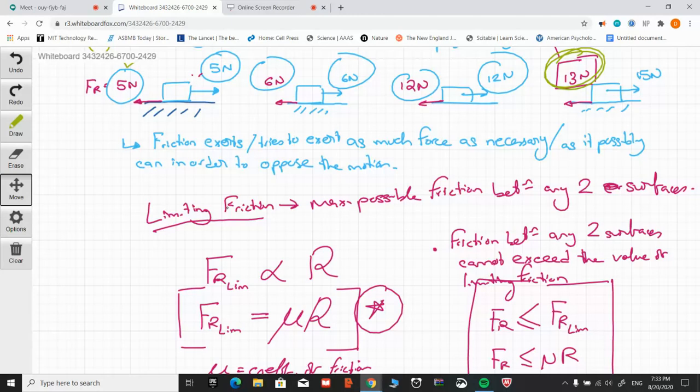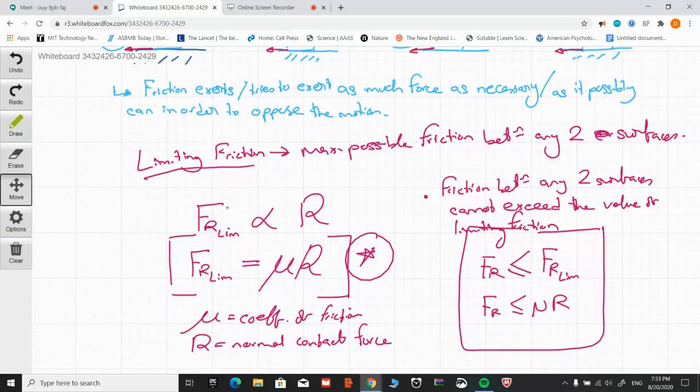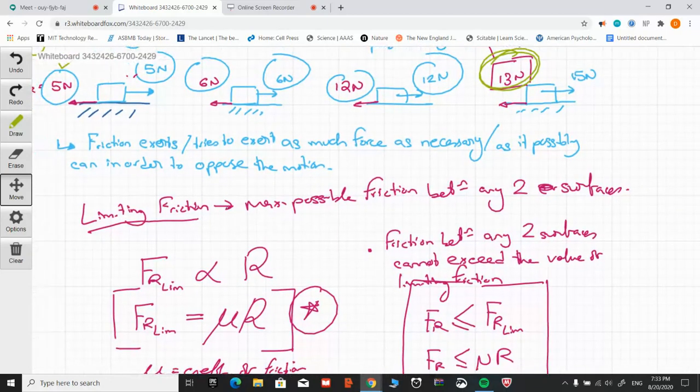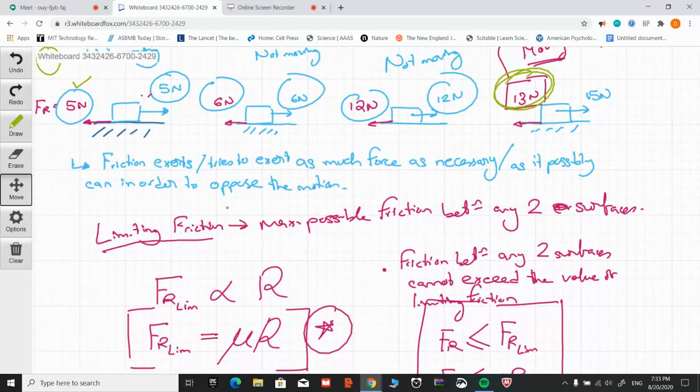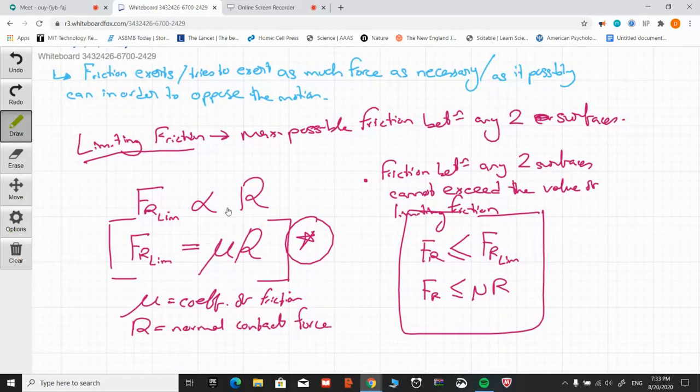Friction 6 is less than 13, 12 is less than 13. In other words, in any situation, whatever the value of friction, keep in mind that friction will never exceed the value calculated by the product of mu and the normal contact force.